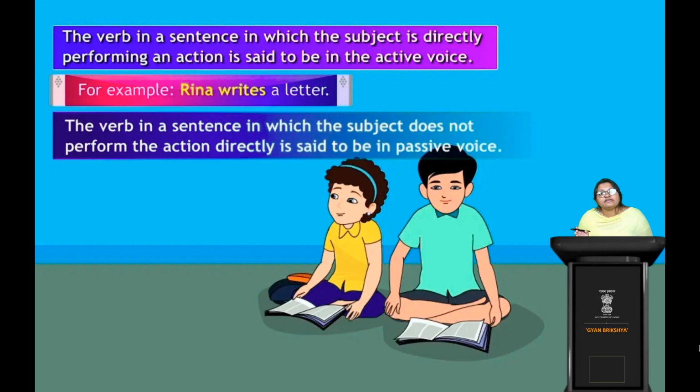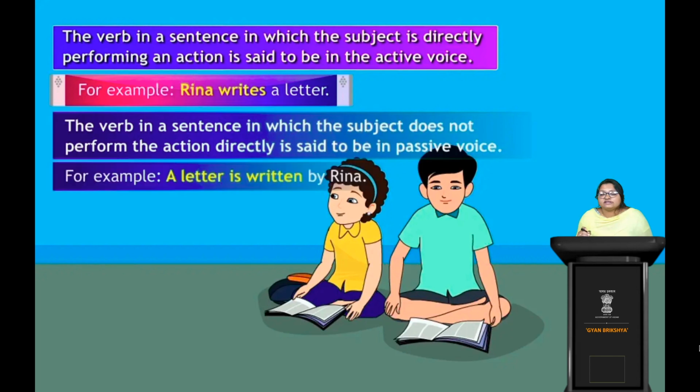America was discovered by Columbus, so the subject doesn't have much function. Similarly, Reena writes a letter. Reena is the subject, the verb is writing the letter. So it gets changed to a letter is written by Reena. Clear? So this is how it functions.